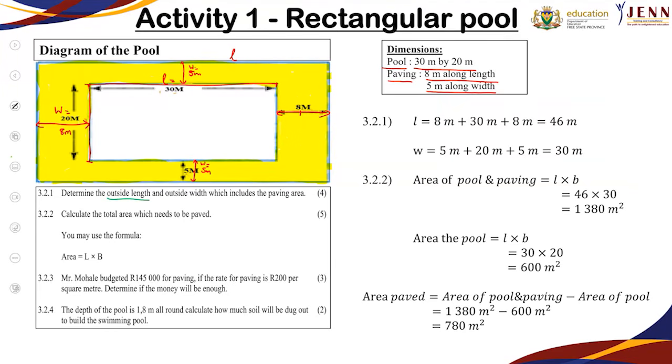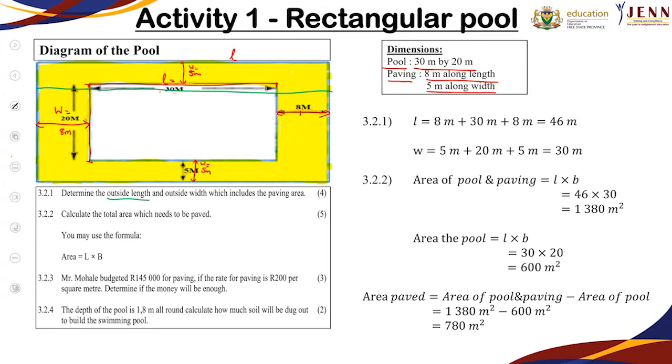They ask us two things here. They ask us for the outside length, and they also ask us for the outside width. So I'm going to start with the outside length. What do I know about the outside length? It includes the paving area. So I must have the yellow part because that's my paving. So which means my length will start from there, from the paving all the way to the other side where the paving ends.